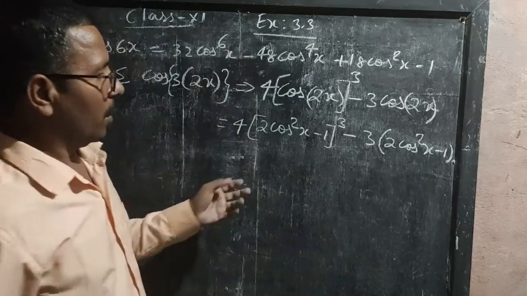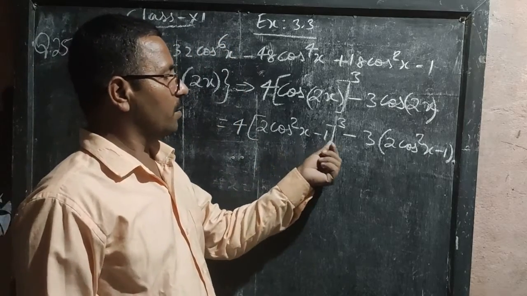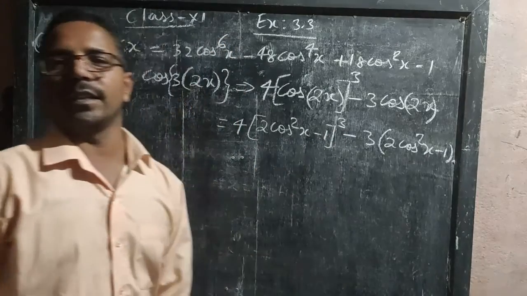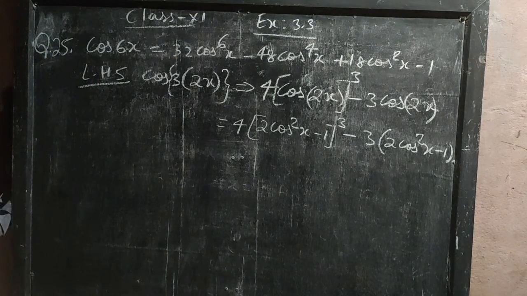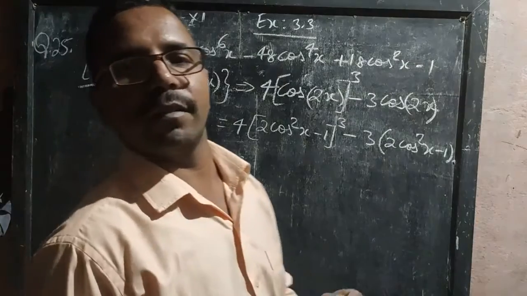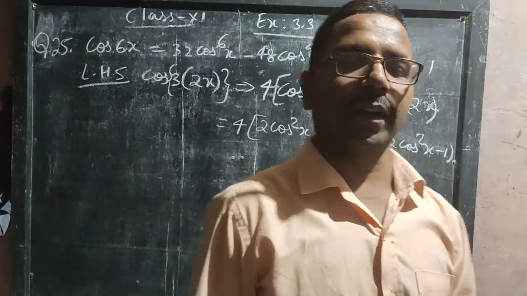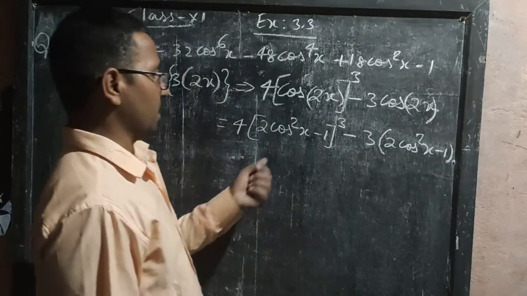So now what will we do here? We will use the a minus b whole cube identity: a cube minus b cube minus 3ab in the second bracket, that is a minus b. We will use these things.